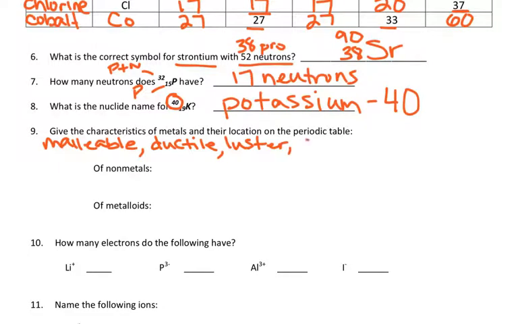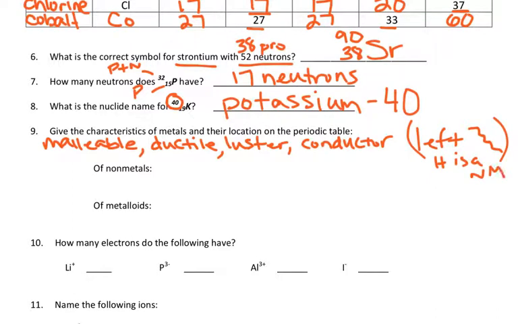And they're going to be good conductors of both heat and electricity. And we're going to find those to the left of our staircase. Except for which element? Hydrogen is a nonmetal. So everything to the left of the staircase, including the bottom 2 rows, is metal, except for hydrogen.